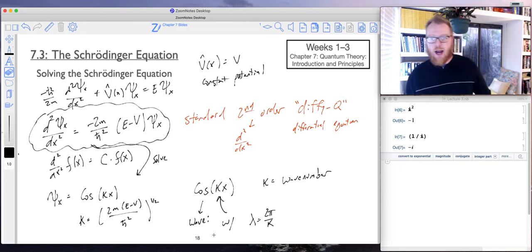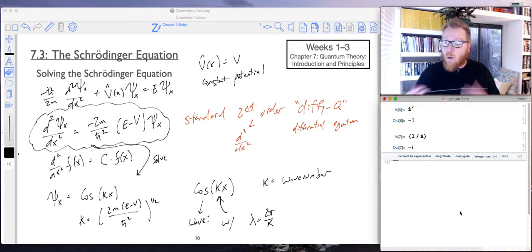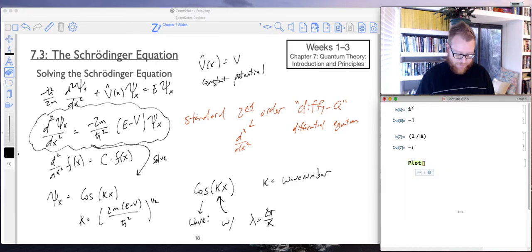I'm going to go over to the Mathematica now because I want to show you the connection between this wave number and the wave numbers that we were just talking about in my review lecture. Okay? So if I now define a function, I'm going to just plot it straight off the bat. Plot cosine kx, and we're going to go from x from, let's say, 0 to 2 pi.